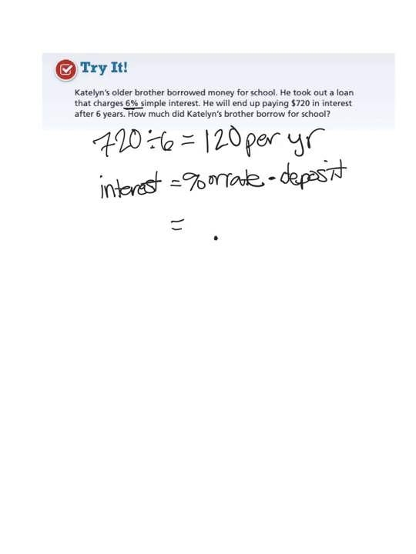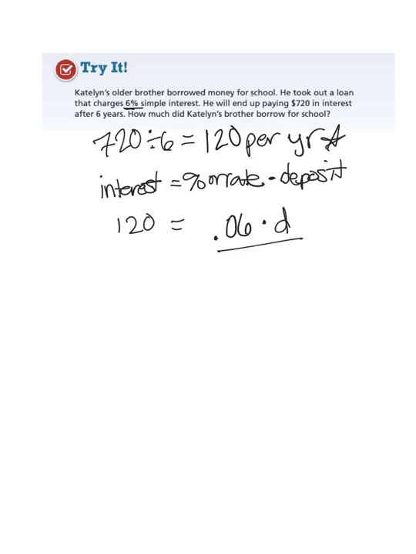So 0.06 times D, we don't know what that is, equals 120 because we figured out we pay 120 per year.